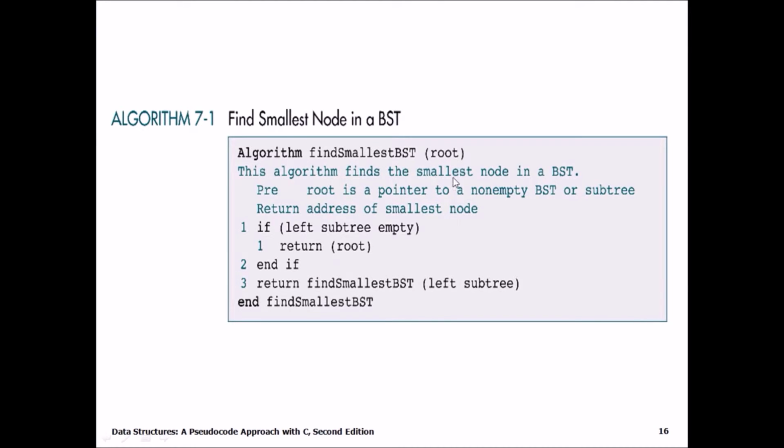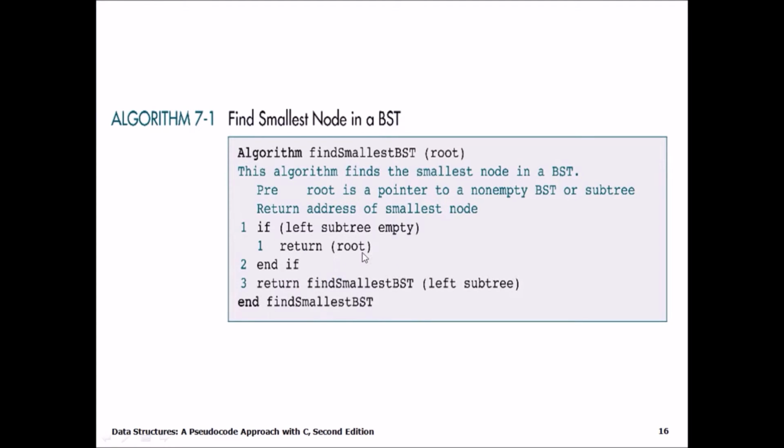If root points to a non-empty binary search tree or subtree, then return the address of the smallest node. If the left subtree is empty, return root. Otherwise return find smallest BST of the left subtree. This is our function name, find smallest BST, and it is applied again and again. If the left subtree is empty, we return root, otherwise we compute it again and again.